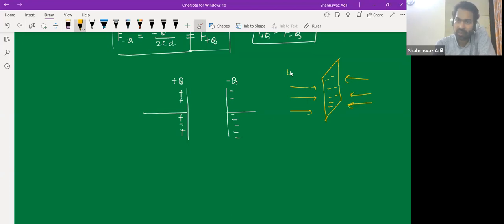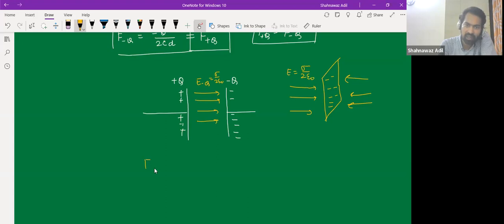So we have this electric field, and this is equal to sigma by 2 epsilon naught. So the electric field due to minus q is sigma by 2 epsilon naught. Now if we calculate F plus q, this is plus q into the electric field of minus q.